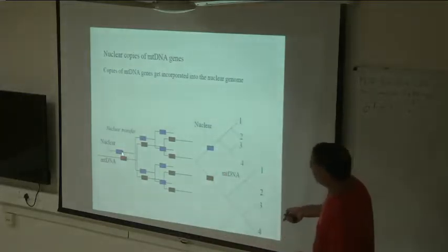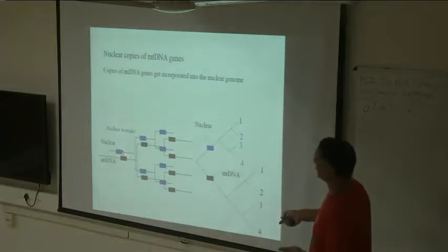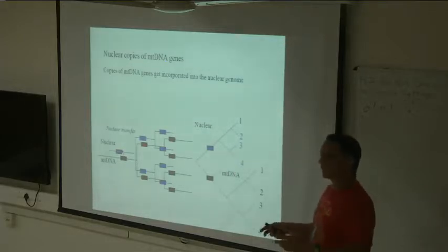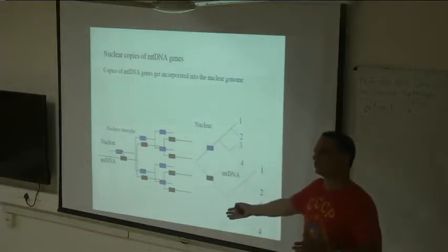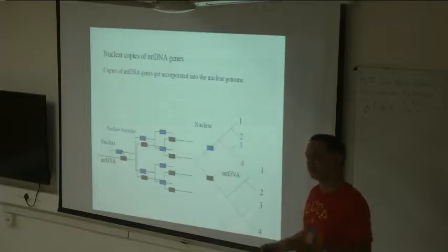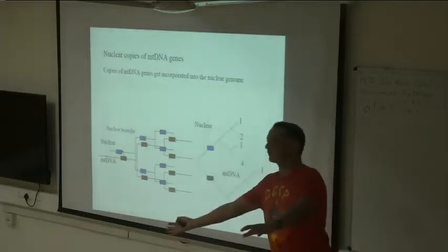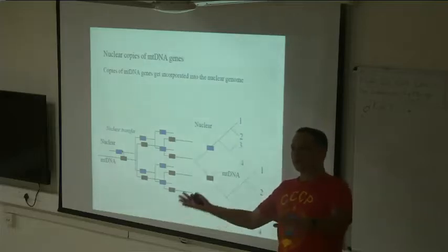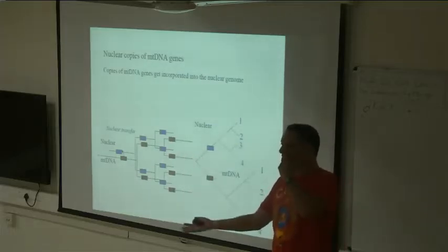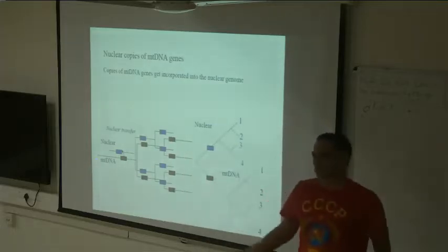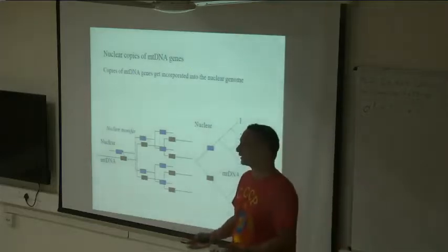So there has been a transfer event from mitochondrial to nuclear DNA here. Now basically it is like a duplication event, except that for every mitochondrial gene you have a nuclear counterpart, and in the nucleus these genes have basically lost their function. They are non-functional.